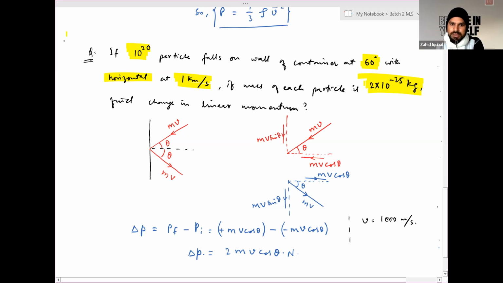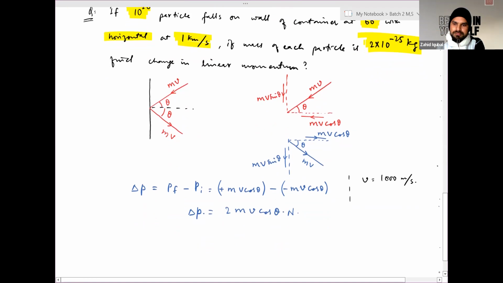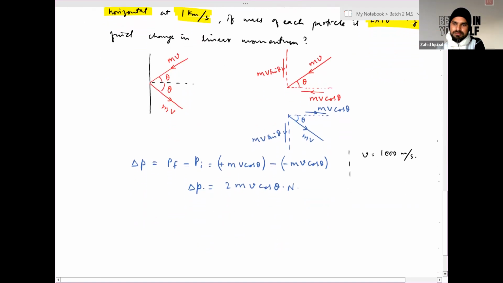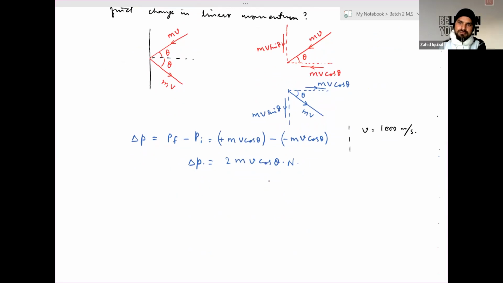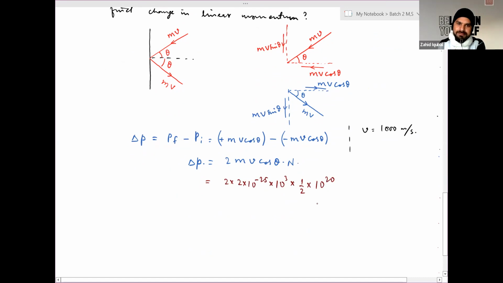So Samaira, just check the exponential. We have 2. Mass of particle is 2 into 10 to the power minus 25. And velocity we have 10 to the power 3. Cos 60 is 1 by 2. And number of particles we have 10 to the power plus 20.